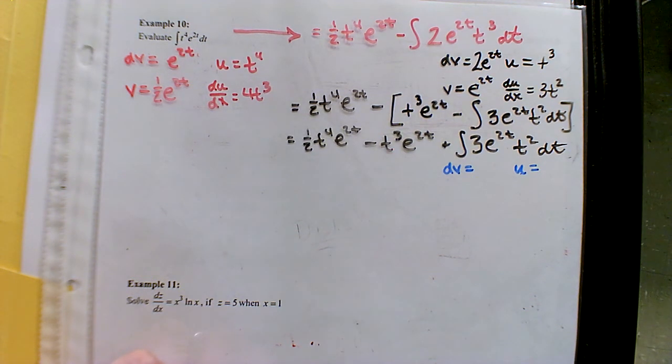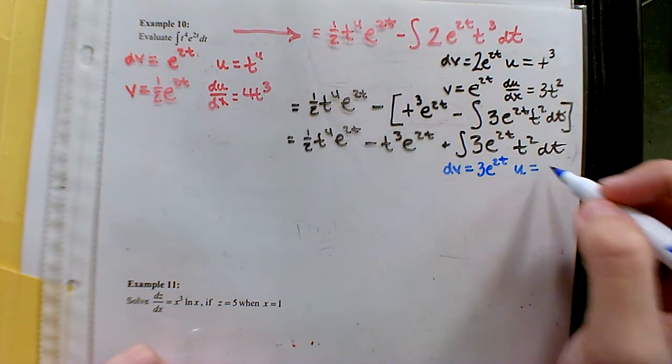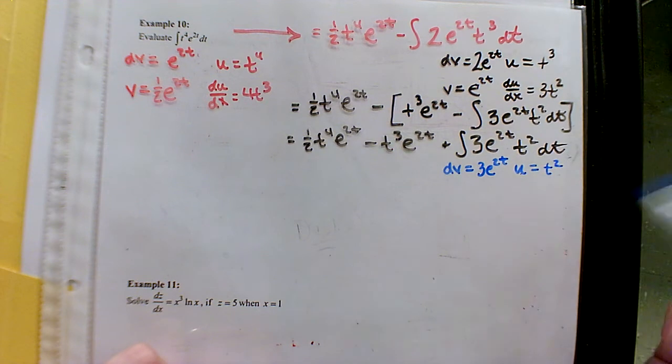So we're triple dipping. This is the third time we've had to do it. dv, we have the exponential. U, we have the algebraic.